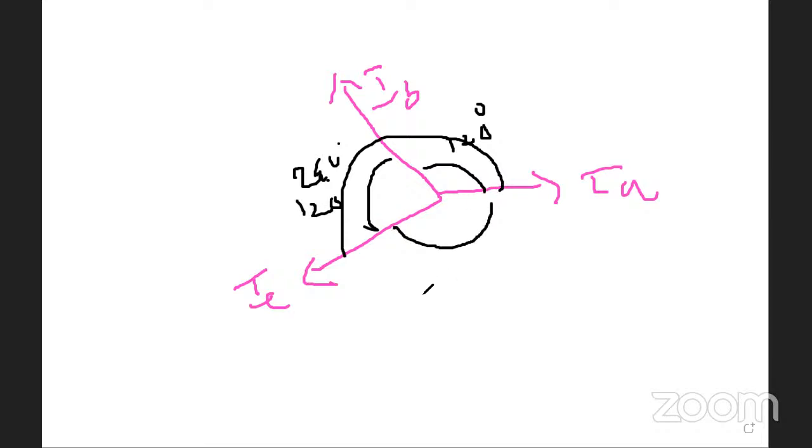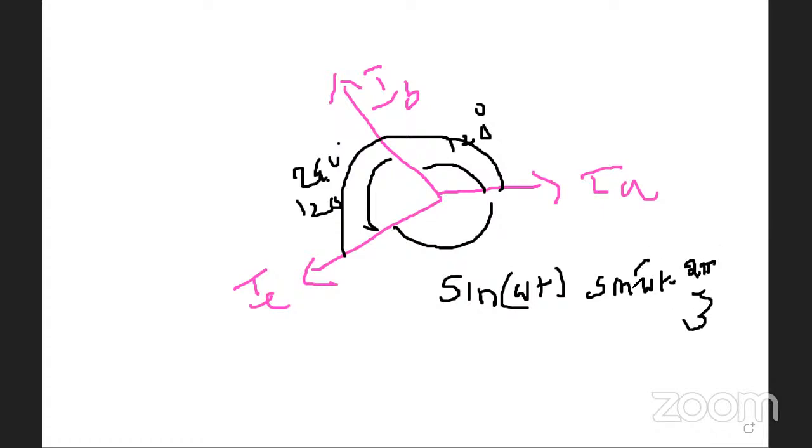So how people are representing this: sine theta or sine omega t, in matrix form, in MATLAB, sine omega t minus 2 pi by 3, that is 120. Then the third phase, sine omega t plus 2 pi by 3.